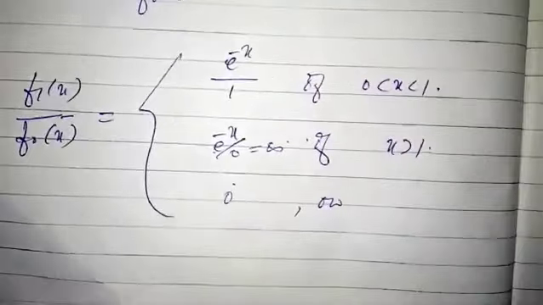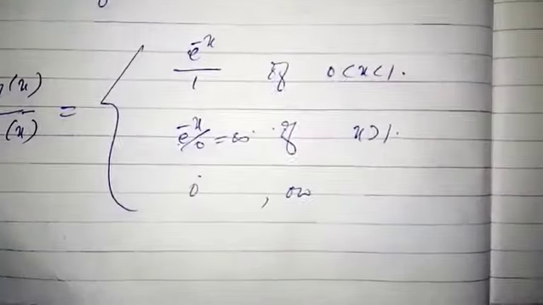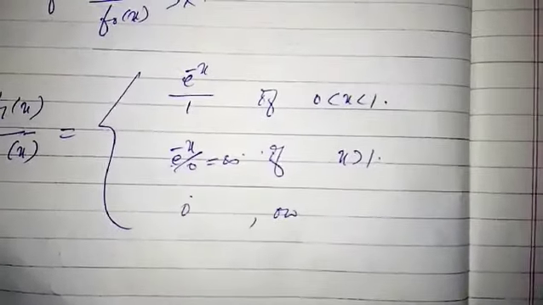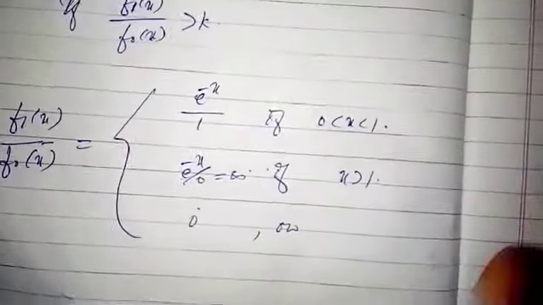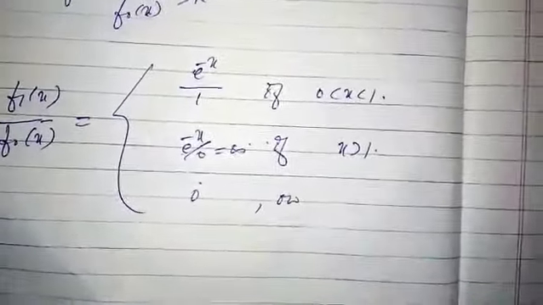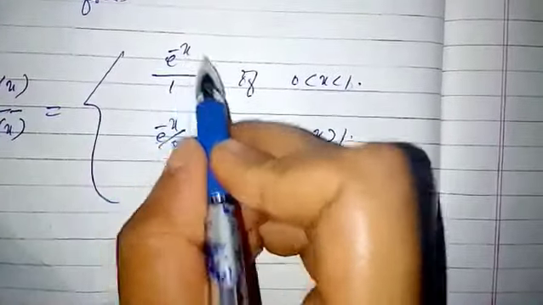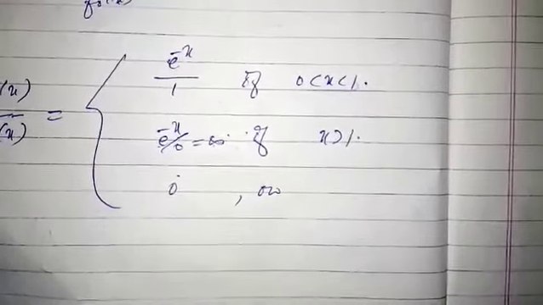So how do we find the rejection region? We know that we reject for the large ratio, and infinite is a large ratio. But we have to find which is the largest value, so we will draw a graph.